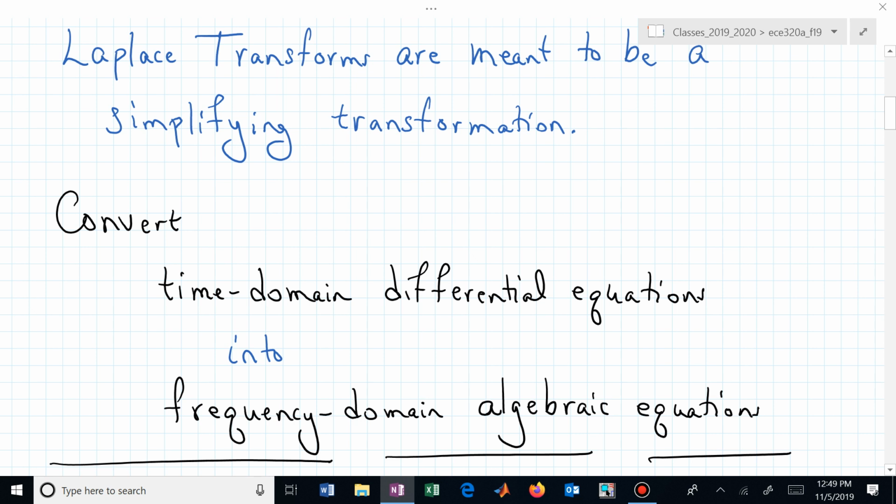Then when we get our final expression, we'll say, well, I need to see that in the time domain. Then we'll inverse Laplace transform and obtain the answer that we wanted in the time domain. That's the idea, is we're trying to move back and forth from the time domain into the frequency domain, and the purpose of that movement is that our analysis will be easier.